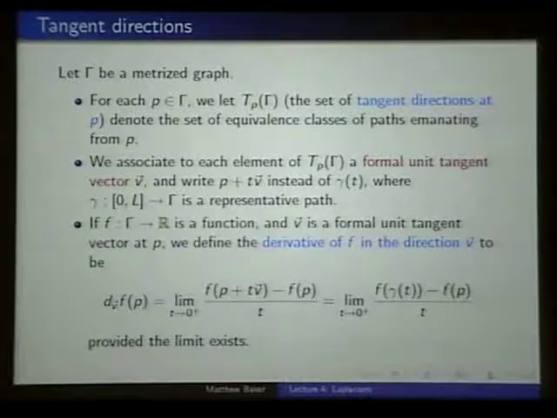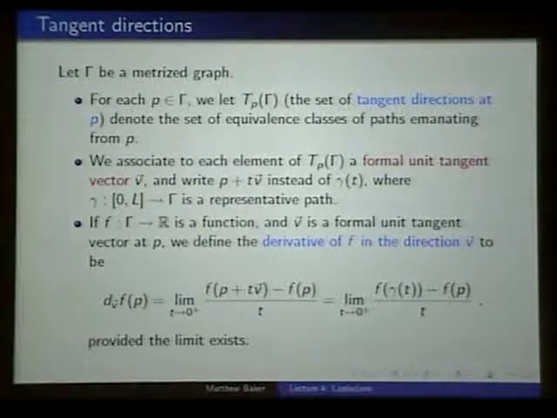And in this way, I can define the directional derivative of a function f. Oh, where did the pointer go? There we go. Derivative of f in the direction v evaluated at p is just the obvious thing. So you just take, anyway, it's the directional derivative.